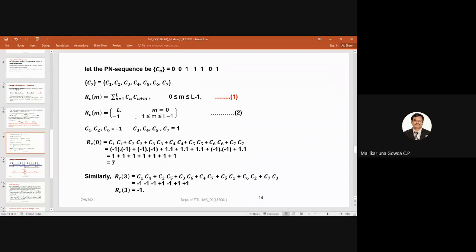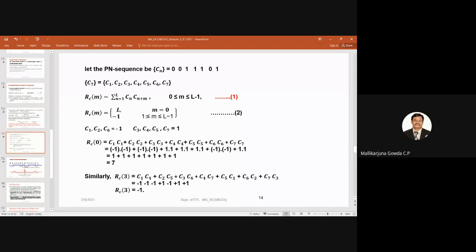With respect to that, I can say RC of M is equal to minus 1 when the value of M is less than or equal to L minus 1 and greater than 1. So it is holding this generalized expression of the autocorrelation sequence with respect to this example. So when M equals 0, the autocorrelation value is equal to the sequence length, and when M is not equal to 0, its value will be minus 1.